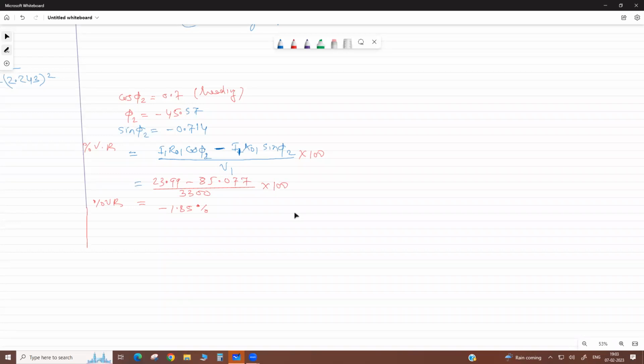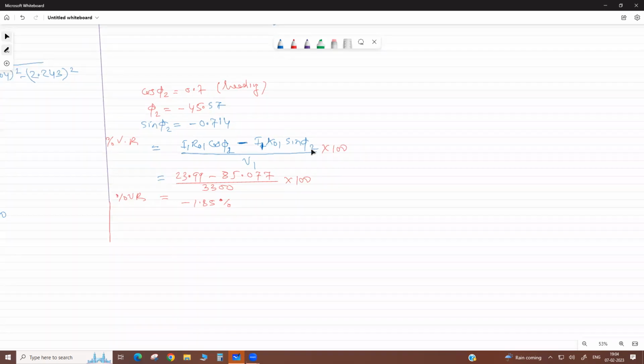In extra high voltage, long transmission lines, due to line shunt capacitance, the receiving end voltage is greater than the sending end voltage. That is called the Ferranti effect. So it is negative, which means this voltage is larger.